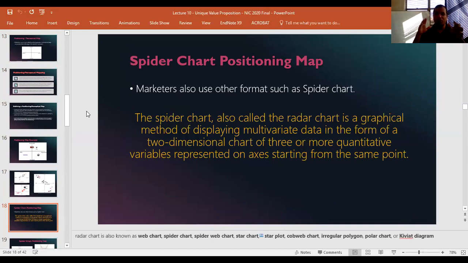Whenever you talk about positioning, it talks more closely about how you're positioning in the mind of the customer, but at the same time it also talks about how you're positioning in the market. So both are the same thing. Product positioning and market positioning can be used interchangeably. So almost the same thing.